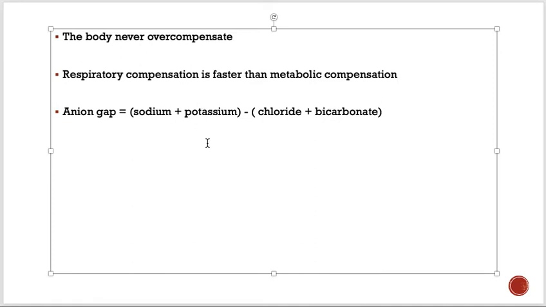Now what is the story behind this, guys? Simply remember: sodium and potassium are positively charged. Chloride and bicarbonate are negatively charged. The blood keeps its net charge neutral. So what happens whenever there is any addition in the blood which is unseen, which we cannot measure? For example, if there are too many proteins in the blood, proteins are negatively charged.